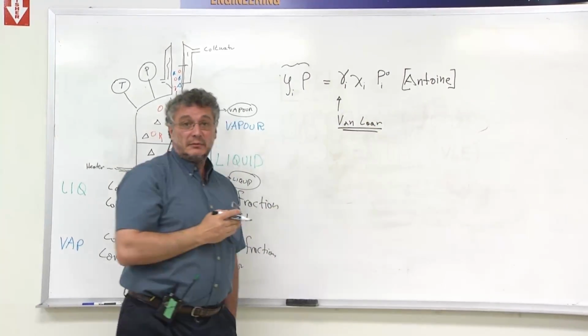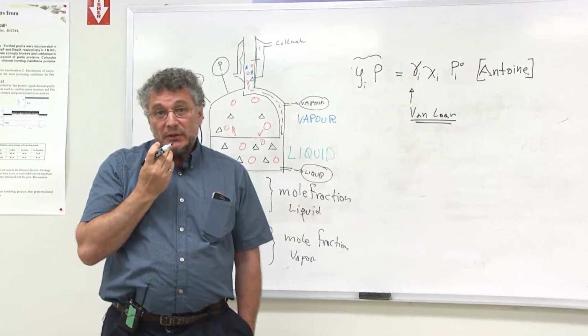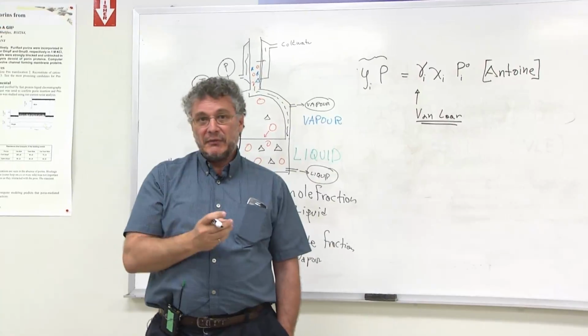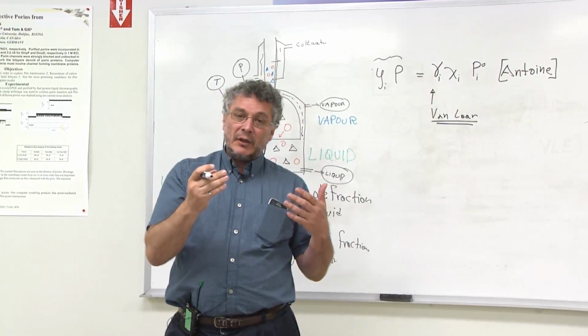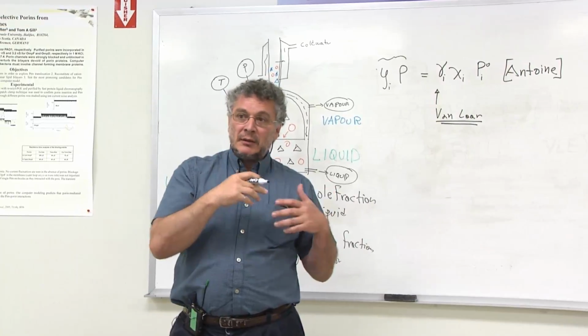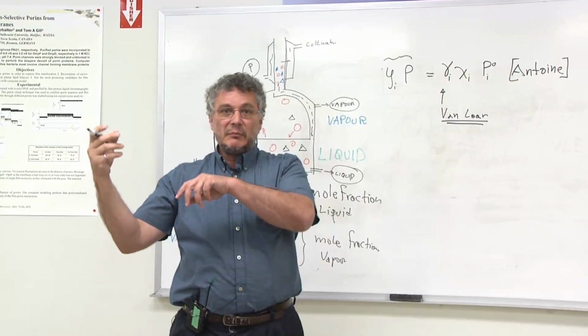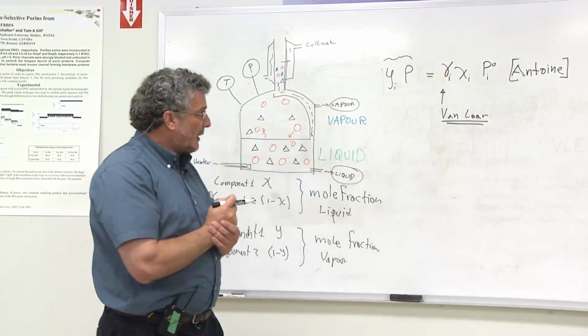It is named after the gentleman who invented that equation. It has an empirical coefficient, actually two empirical coefficients, that somehow represent the interaction of molecules of kind 1 with molecules of kind 2, and on the other side, the interaction of a molecule of kind 2 with a bunch of molecules of kind 1.